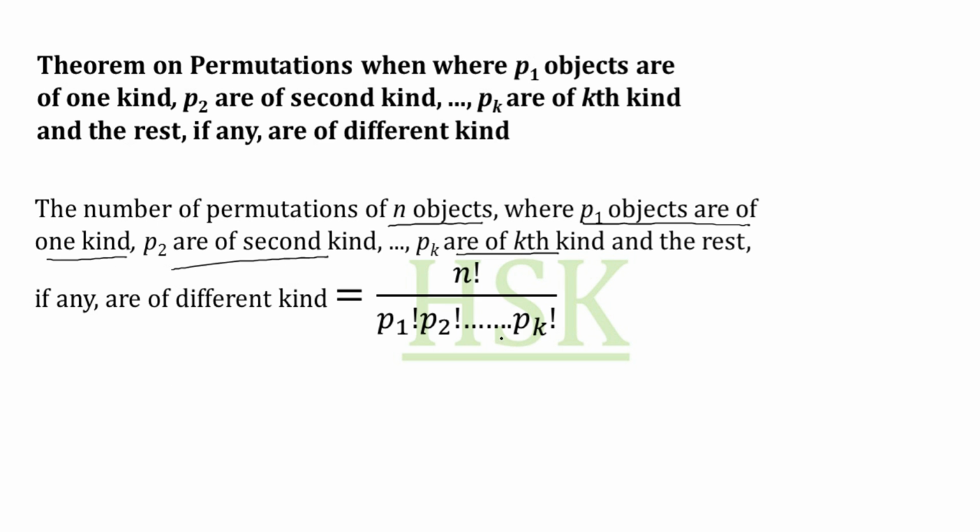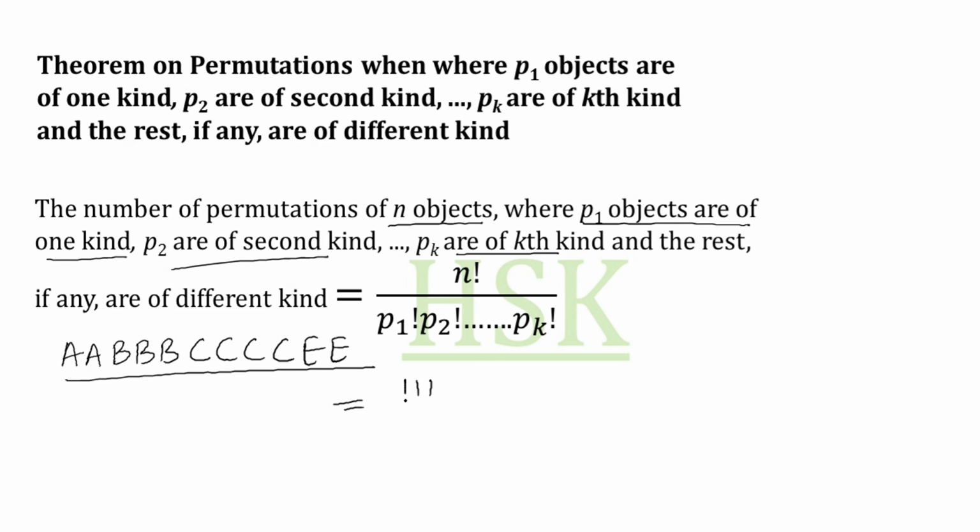So how are we going to apply this in a practical problem? It is like this. Consider that we have these letters A, A, B, B, B, C, C, C, C, E, E. So in all how many letters? These are 5, 5, 10 and 1, 11. So these are a total of 11 letters. The total number of arrangements of these 11 letters would be equal to 11 factorial upon 2 factorial.